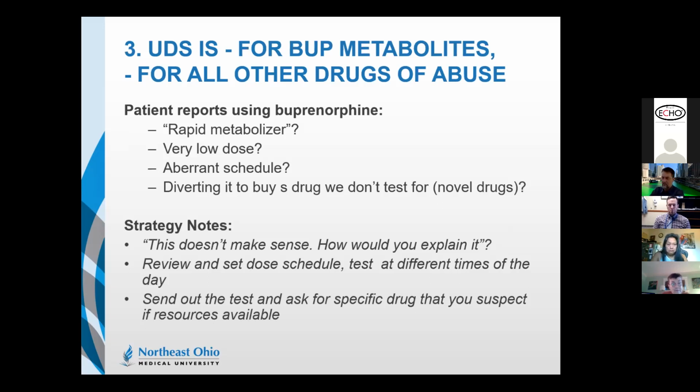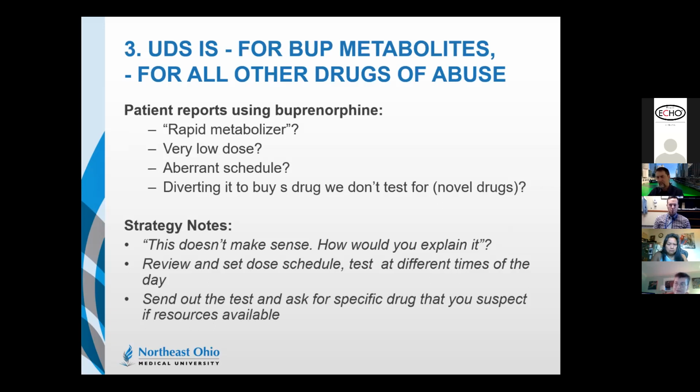Then we can think about maybe there really is no buprenorphine in that urine at all, and it's just being diverted to buy a drug that we don't test for, those novel drugs that were on that previous slide.